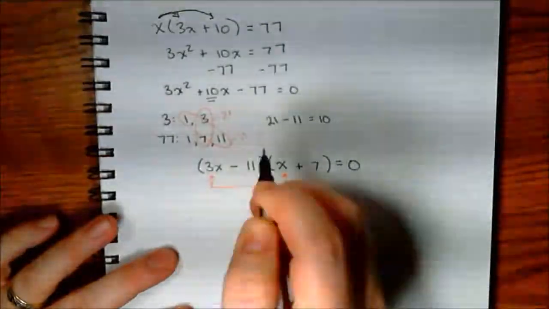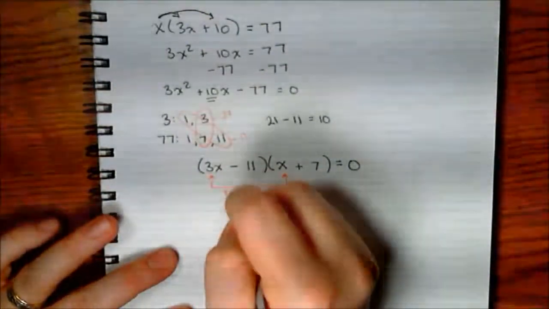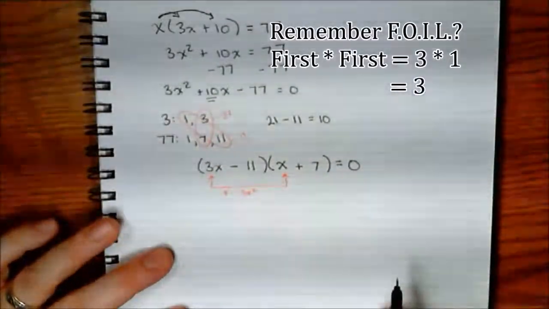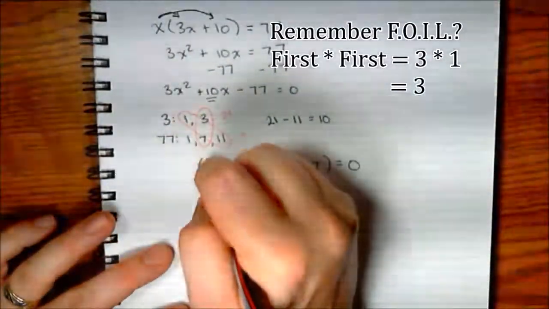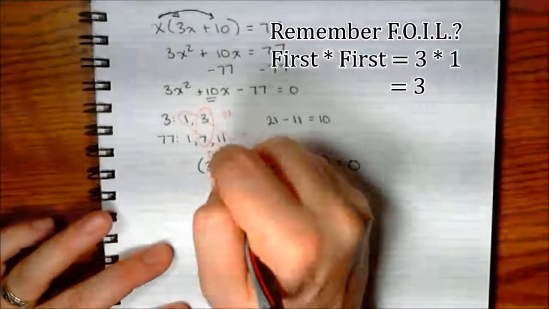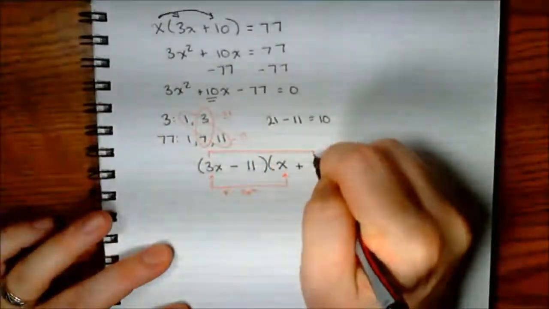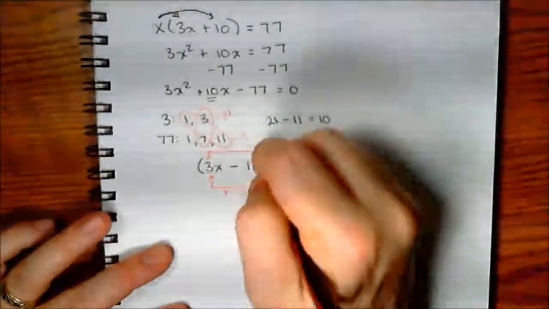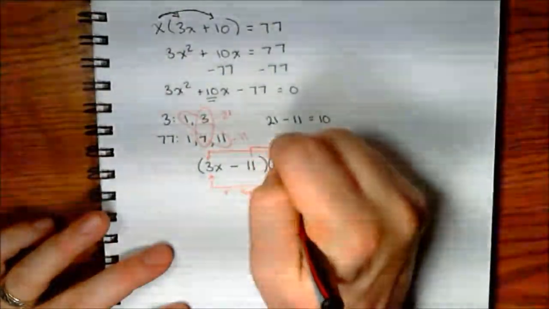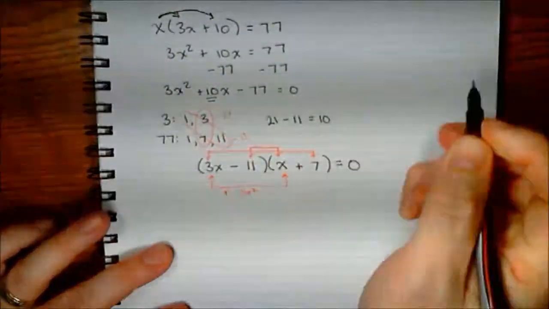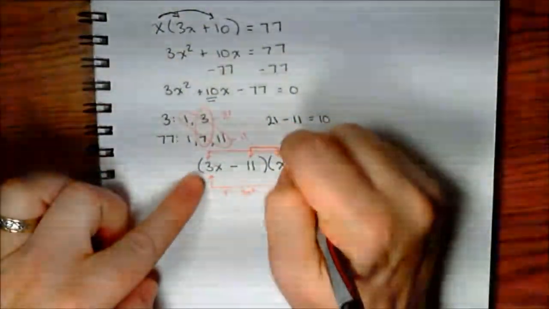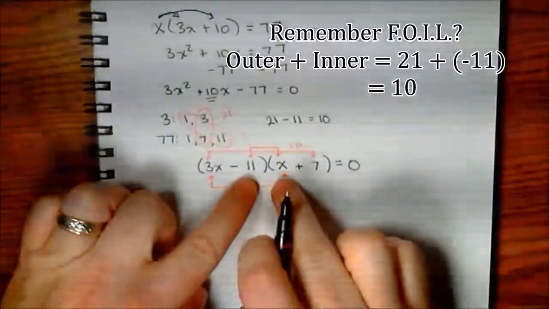The first numbers give us that 3x squared. The outer numbers plus the inner numbers give us the 21, positive 21, and the minus 11.